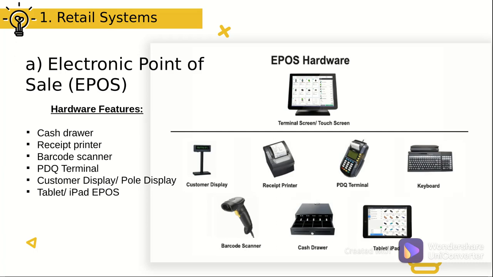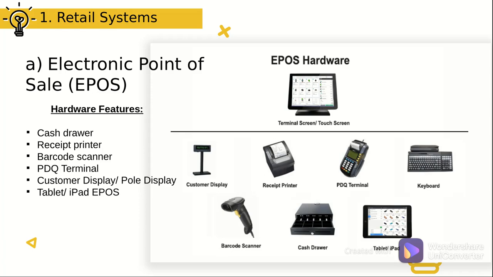So this pole display or the customer display is a standing device that is used to display the price of items, and it can also be used to display advertising information to a customer at the POS. Learner, maybe you have come across this at a supermarket or at a retail store.